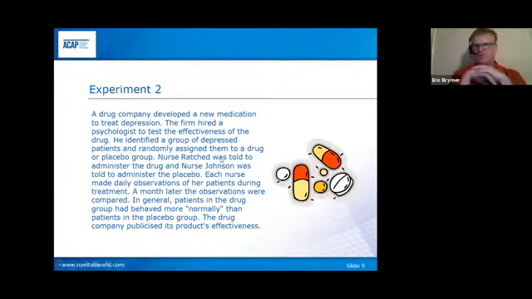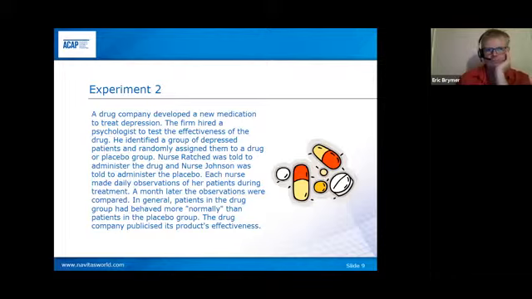All right. So what did you get for your independent and your dependent? So the independent was the new drug. Some people were given the experimental drug and some were given a placebo. And we had the dependent variable as the nurses' observations of depression or symptoms of depression.